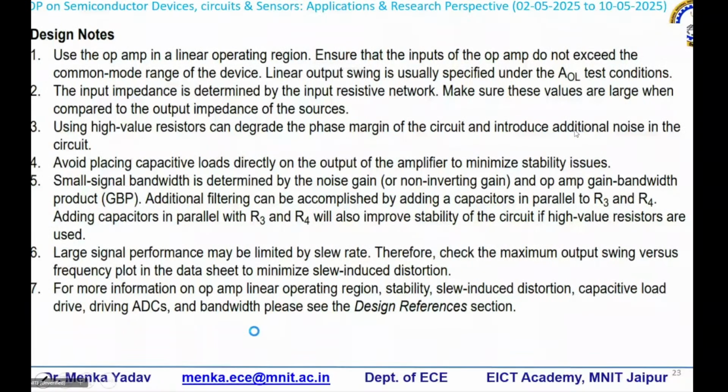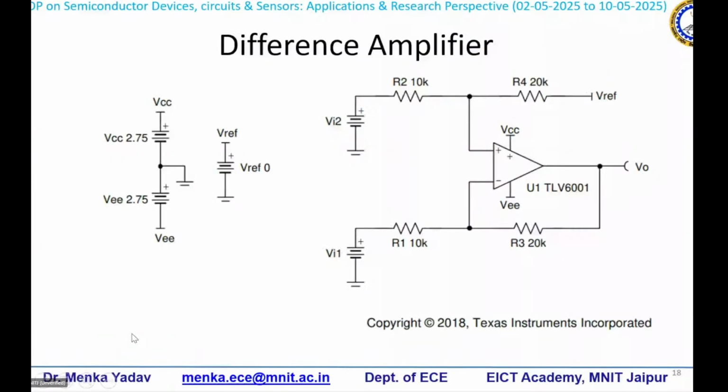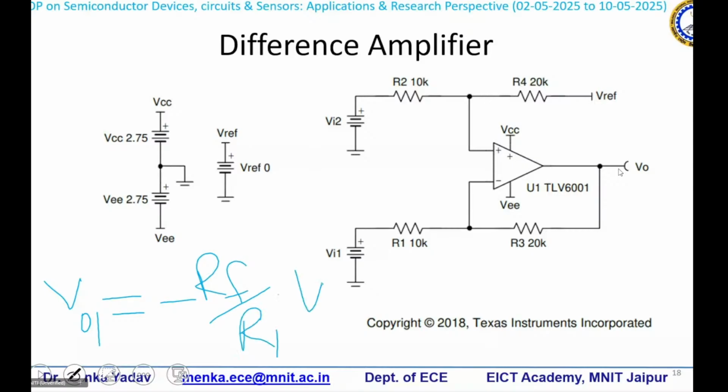Let's say, for example, in this particular case, the VO because of input 1 is equal to minus RF upon R1 into V in 1. Let's say for V in 1 you have given a sinusoidal input with peak to peak value from minus 10 volt to plus 10 volt.